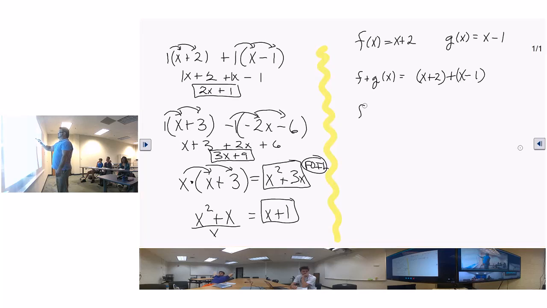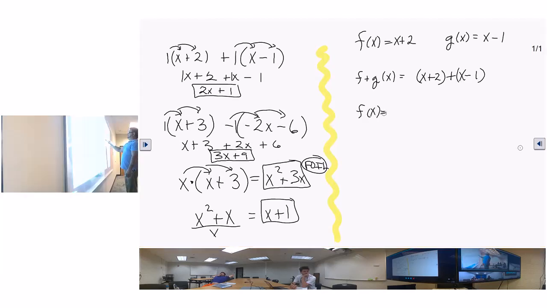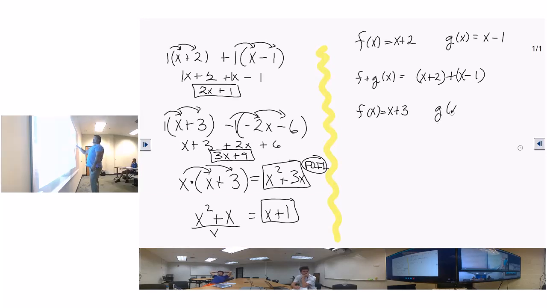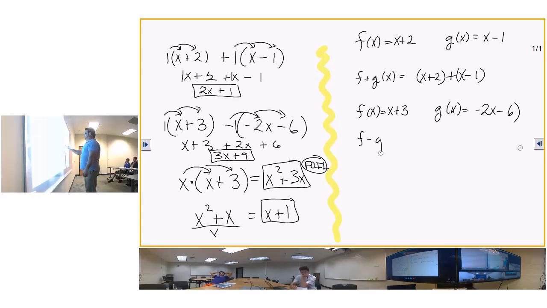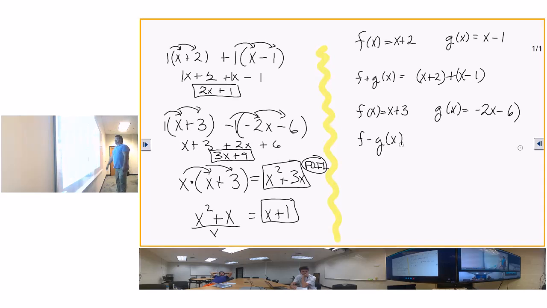f of x is equal to x plus 3, and g of x is equal to negative 2x minus 6. I would like for you to give me f minus g of x. And what do you do? You do the same thing that you did in pre-algebra.